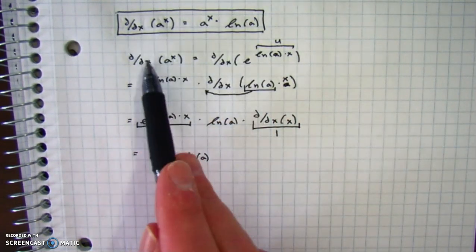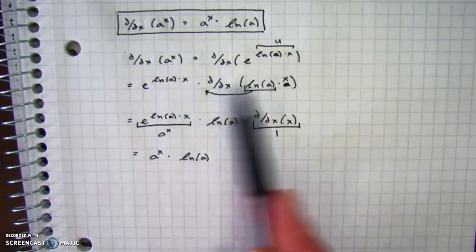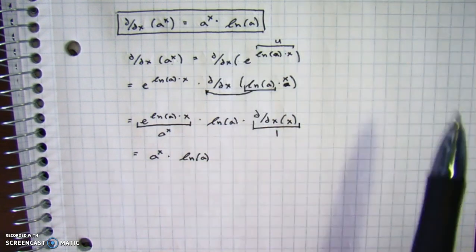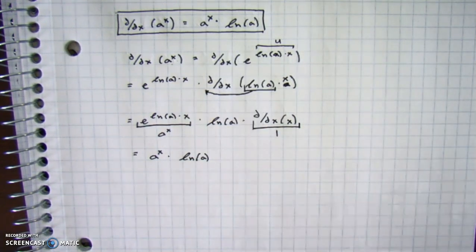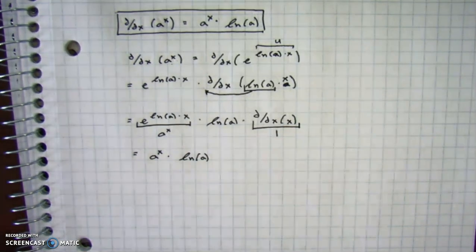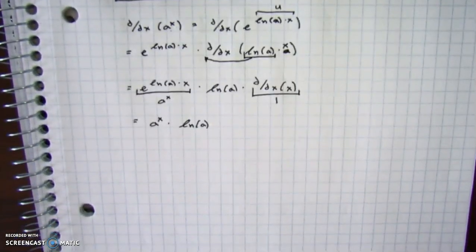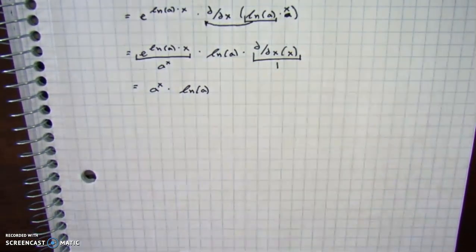We started here, took some derivatives, used the chain rule, and ended up on the right-hand side. That's the proof that the derivative of a to the x equals a to the x times the natural log of a.